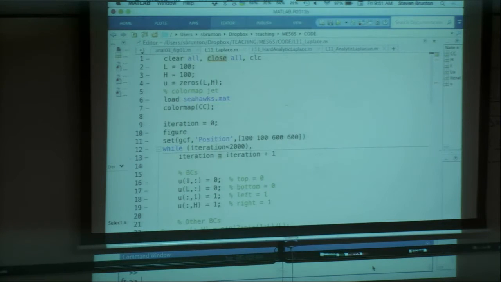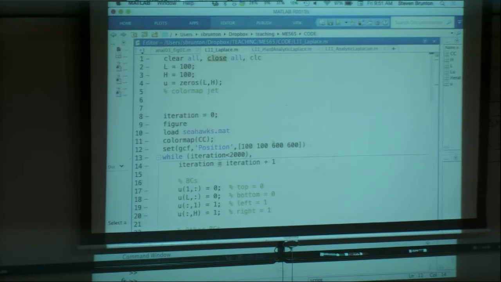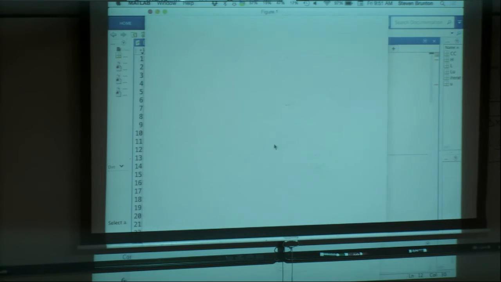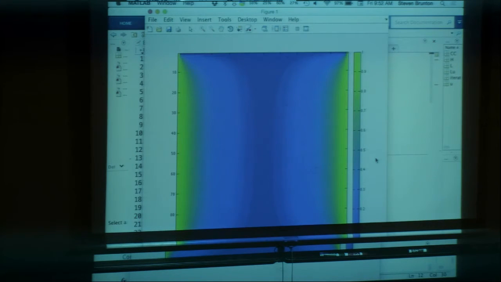Let's try again. Okay, and I bet I can make it 800 by 800, maybe 7 by 7. All right, I'm killing all the lights. Does that help at all?